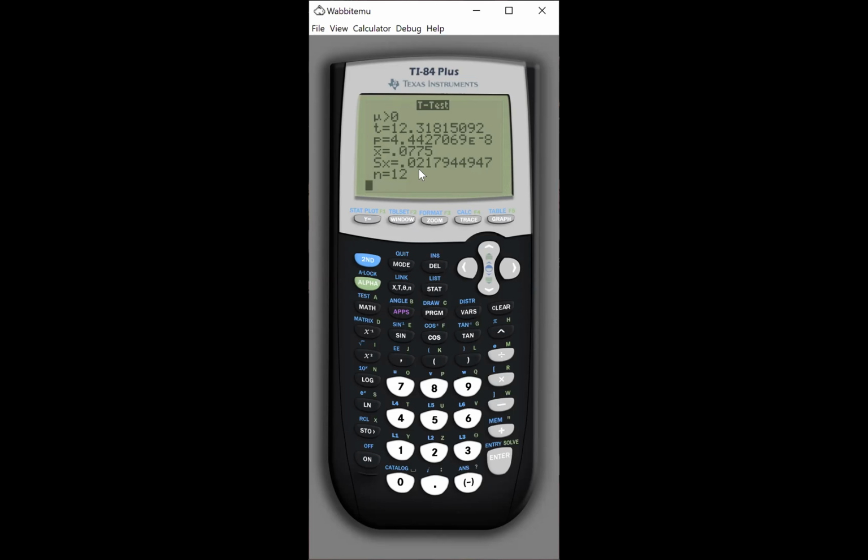Also, they gave us the p-value. So the p-value is 0.00008.